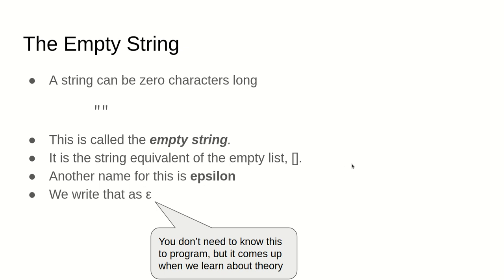So empty strings are very, very often used to be the start value of an accumulator variable, where you're building up more and more into a string.